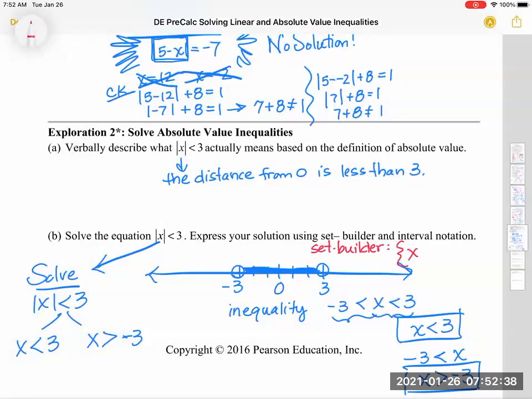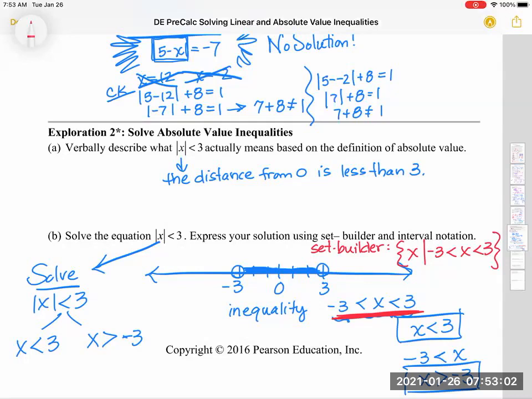You put an x and then you put such that. You can put a colon, you can put a line, and then you use this one down here. That's probably the best one to write. It's the most efficient way to write your answers. Okay, that's the set builder notation.